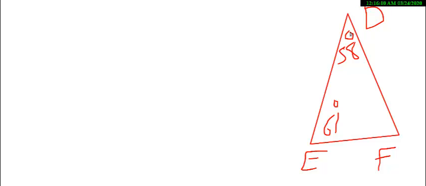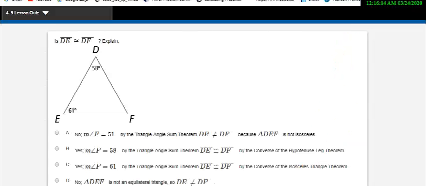We need to find out if the segments, according to the question here, DE is congruent to DF. So we need to find out if segment DE is congruent to segment DF.